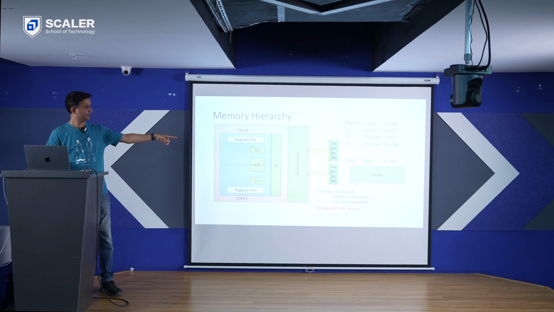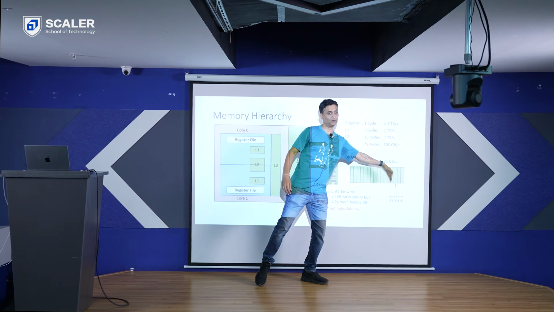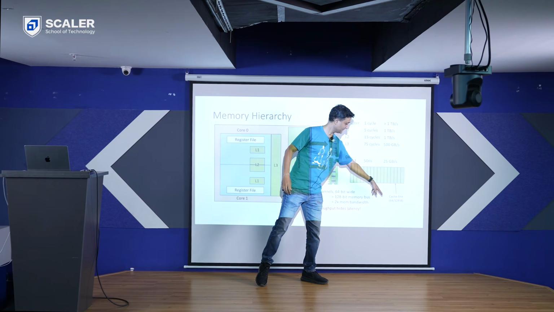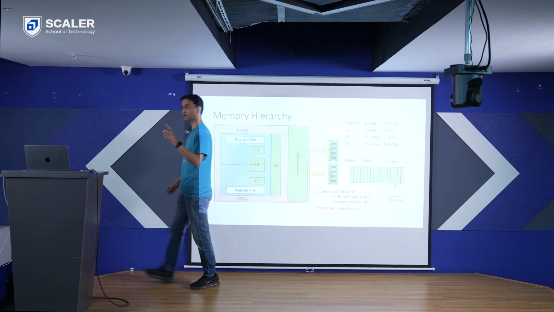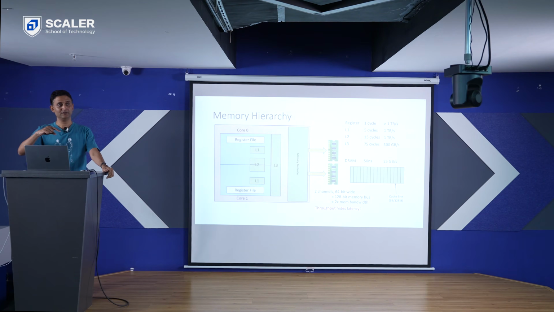Cache internally is split up into cache lines, usually of 64 byte or 128 byte length. Remember when we were talking about burst, BL8 was giving us 8 transfers for every request. 8 transfers over an 8 byte wide bus is 64 bytes.